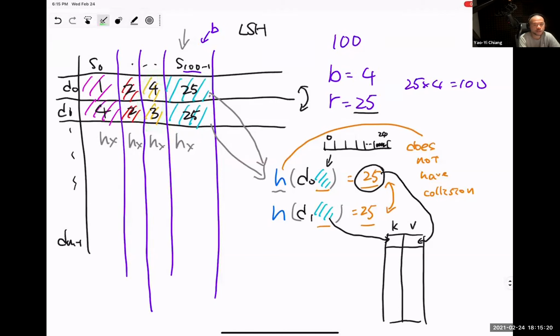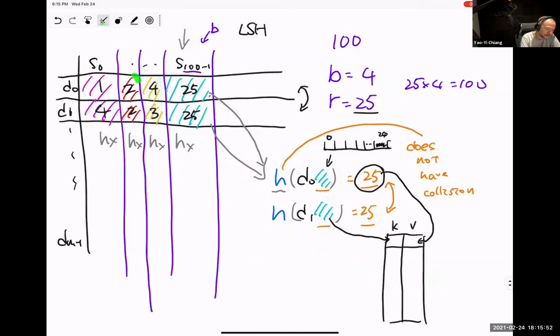What about this? What does 4 and 3 tell you? So 4 means when we take this, use the hash function, it hashes into a place with a value equal to 4, right? When we take this, the hash function will give you somewhere here and give you a value of 3. So we know these two, the yellow blocks, are not the same.